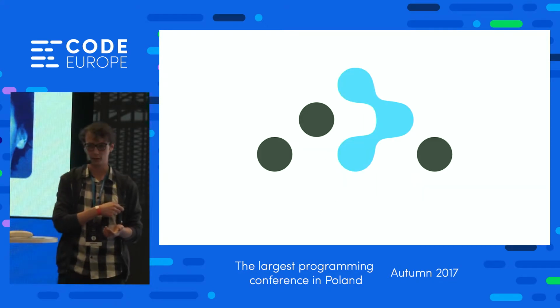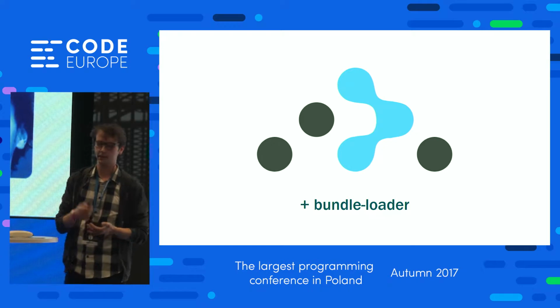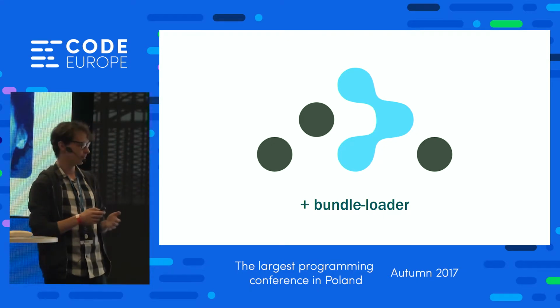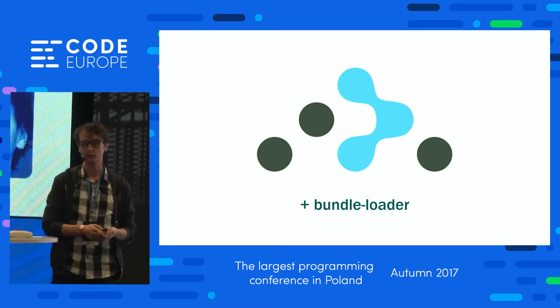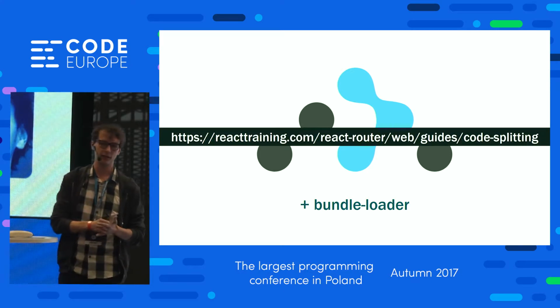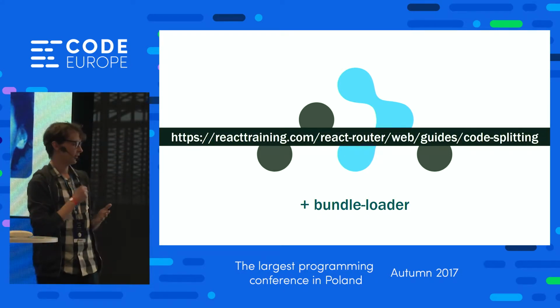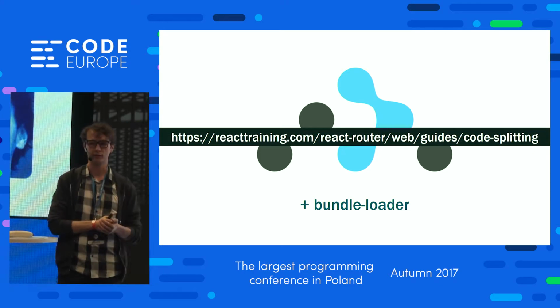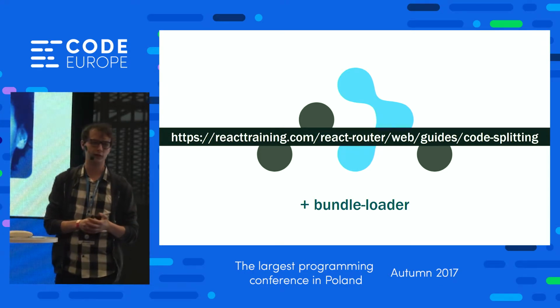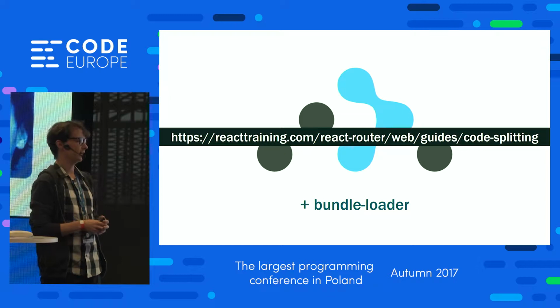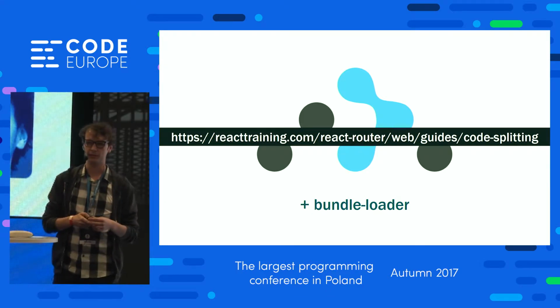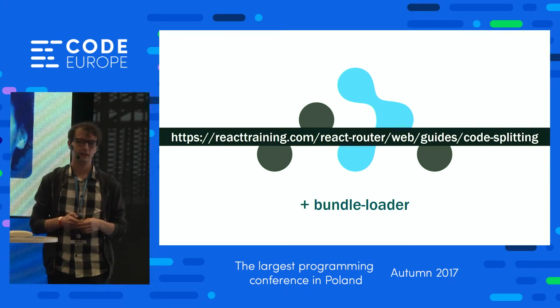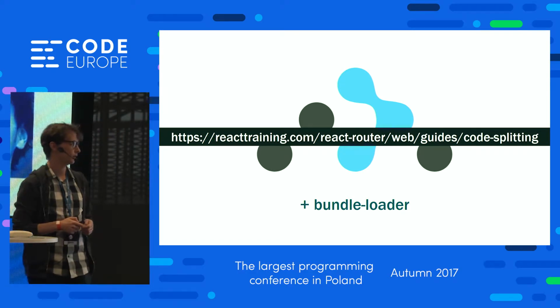Simply use React Router. Add the bundle loader package for Webpack to it, and you will be ready to go. Everything is described very clearly and in detail in React Router's own guide about code splitting, and it requires literally using a few predefined, already built-in React Router components to split your application in such a way.